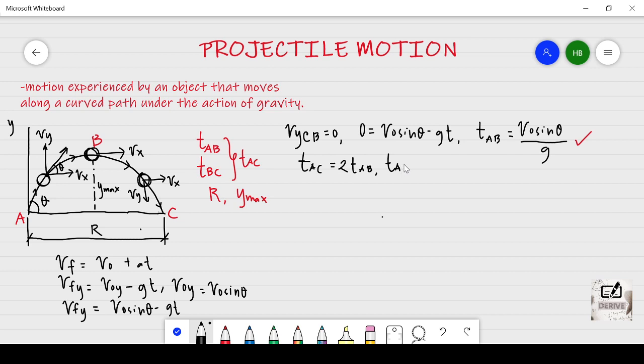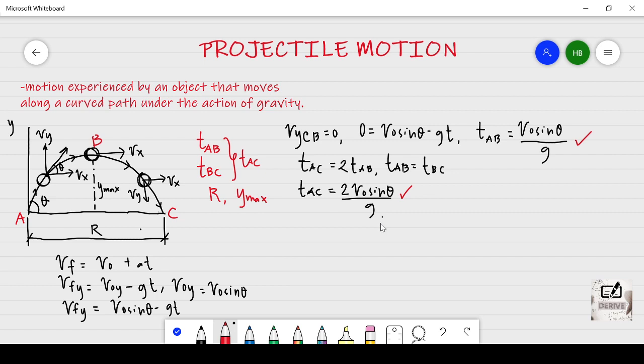So your TAB is equal to TBC symmetrically. So your TAC will become just double the TAB. So that was 2 VO sine theta over G. And there you have it. You have your second equation.